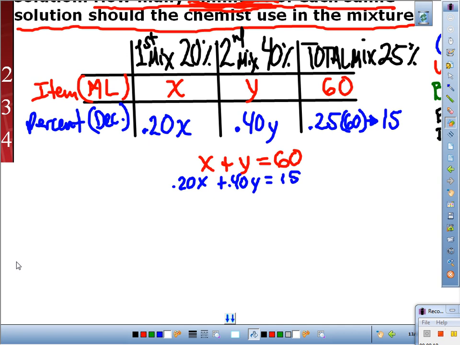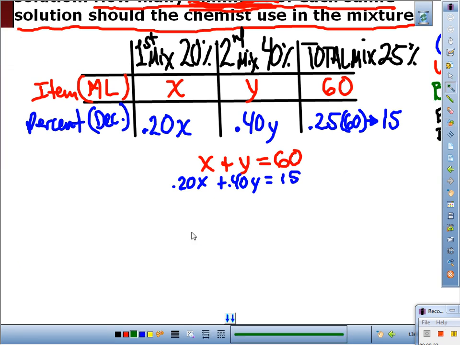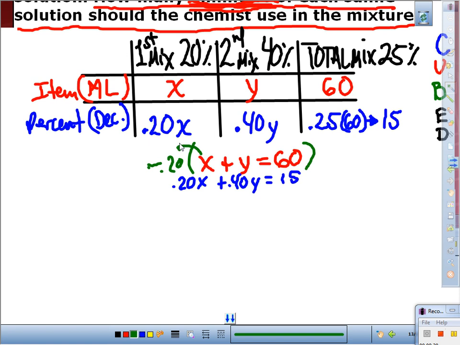I mean, which one do you want to eliminate? X. So Justin wants to eliminate X, so what do we multiply this first equation by, everyone? Negative 0.20. Distribute. That gives us negative 0.20x, negative 0.20y equals negative 12.